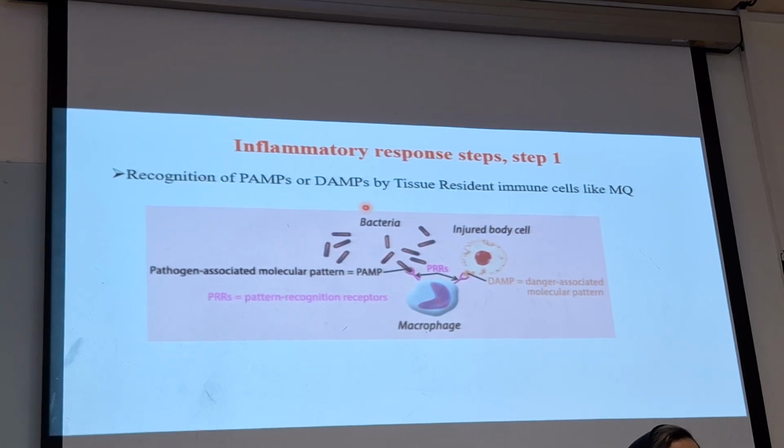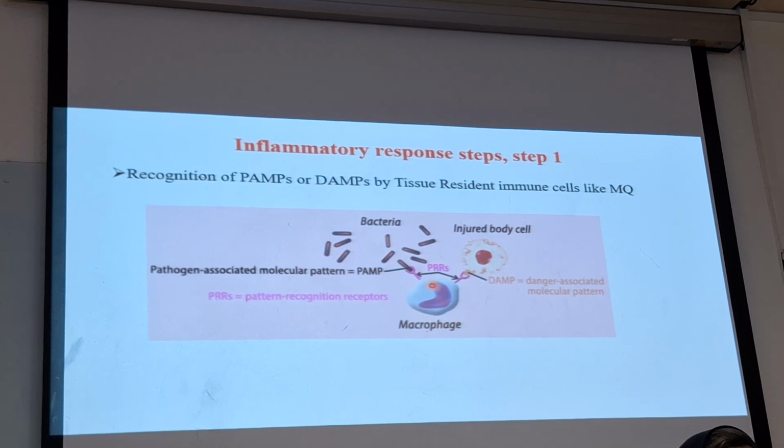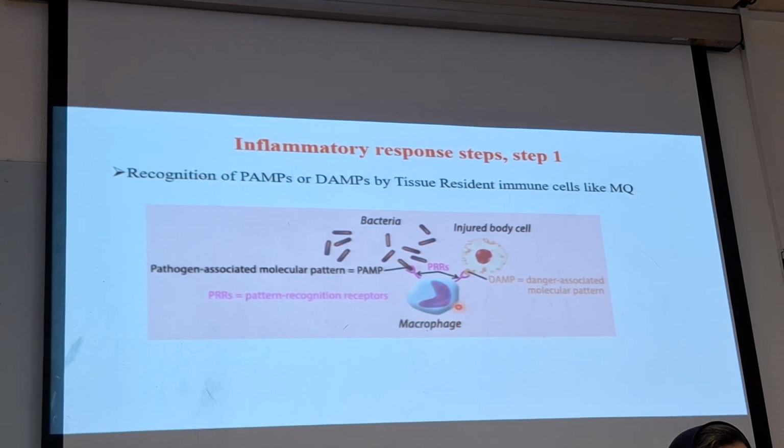After pathogens enter our body, or after damage to normal tissues, these DAMPs and these PAMPs are recognized by pattern recognition receptors on the surface of innate immune cells like macrophages.